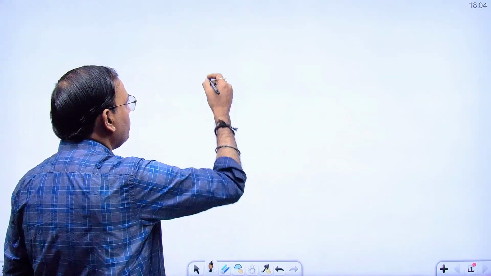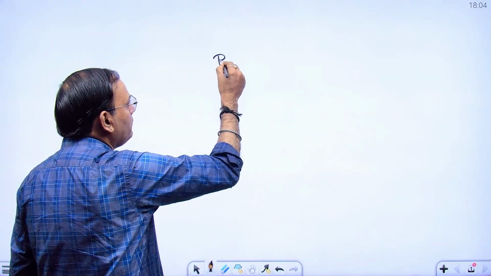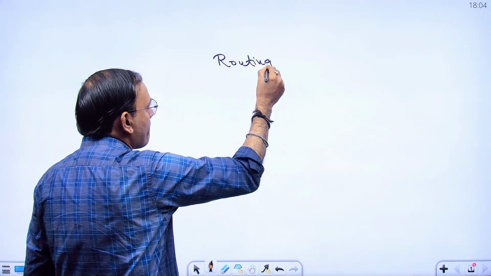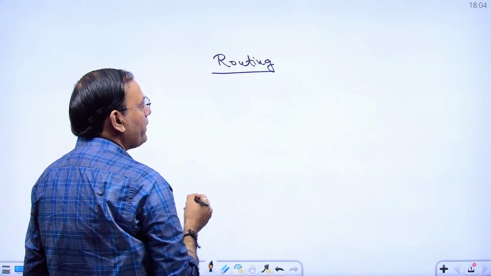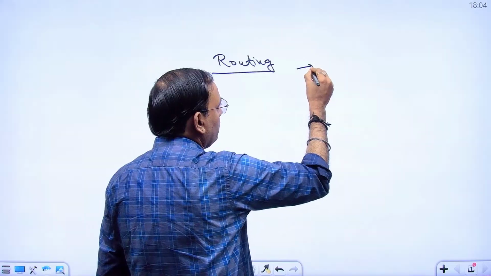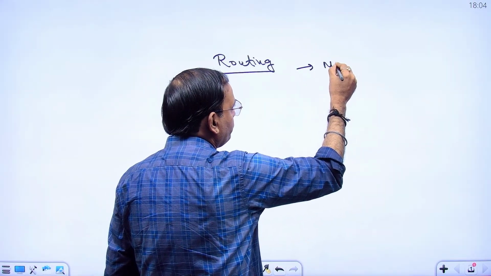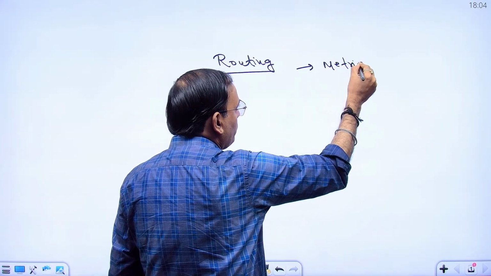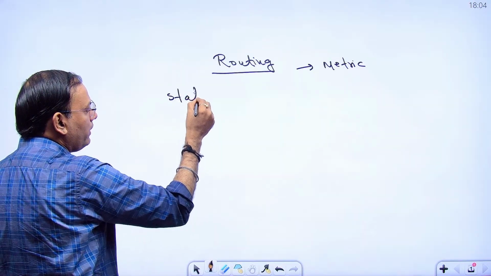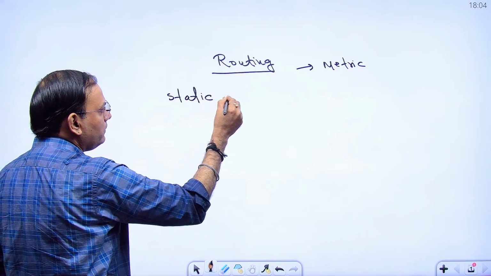So routing always prefers metric. It means that if we are doing a static route, then the metric of the static route is basically AD.